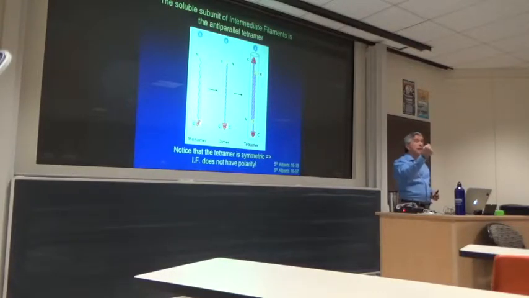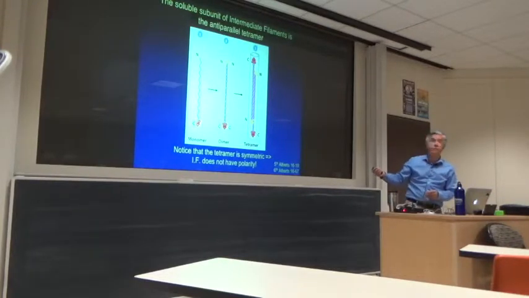And that's the soluble subunit that can be added or removed from an intermediate filament. So not the dimer. This is a common confusion. It's not that single dimer that comes off or assembles onto a filament. It's the tetramer. The tetramer is a functional subunit of intermediate filaments.